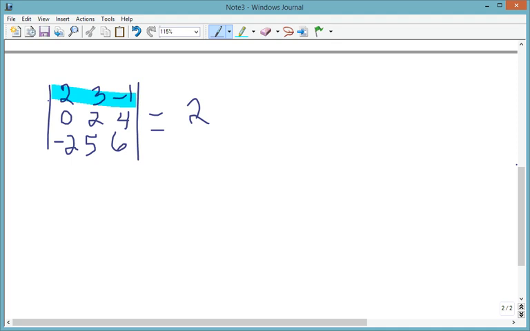Okay? So the first number is a 2. It's like I'm going to cross off the row and the column that have the 2 in it. Alright, and then I'm going to write the determinant of what's left. So we call this the minor of 2, right? So when you take the 2, you cross off the row and column it's with, you have the minor that we put with that determinant.